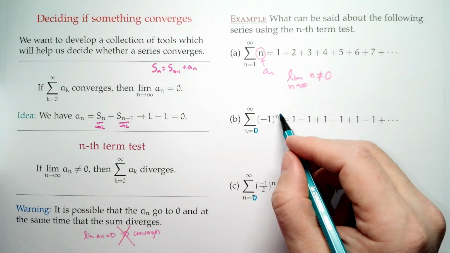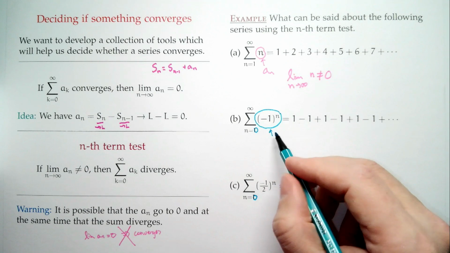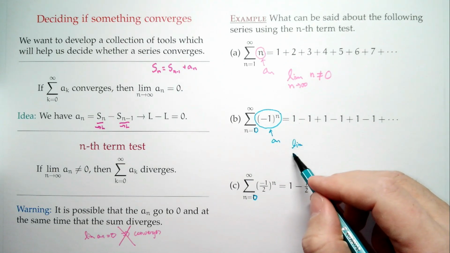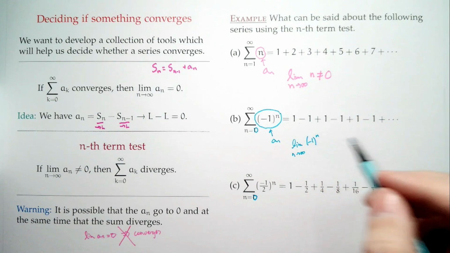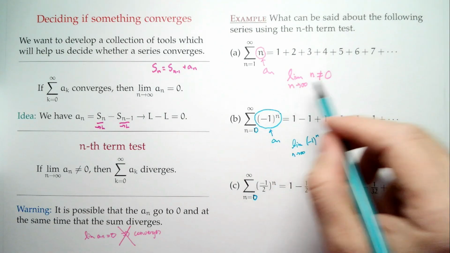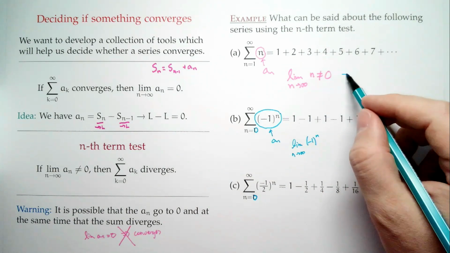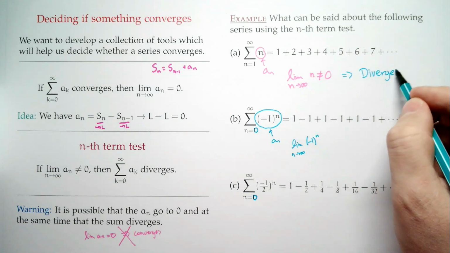So, the question is, what happens here? So this is our a sub n. What's the limit as n goes to infinity of minus 1 to the n? And we should have, by the way, here said our conclusion is this implies that the sum diverges. We can even be more precise.